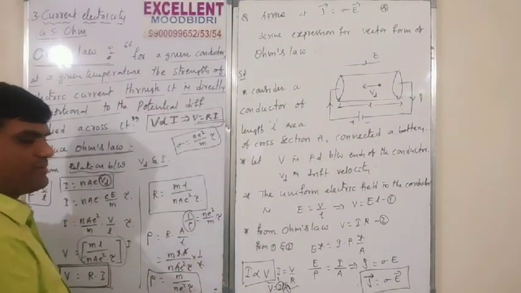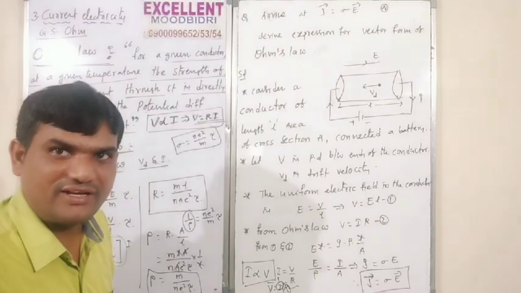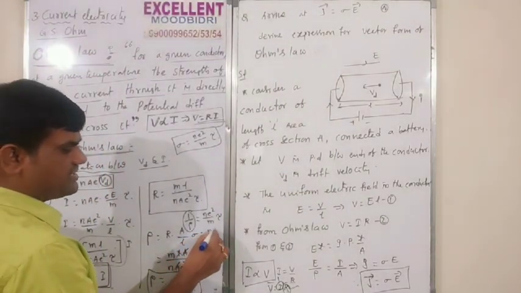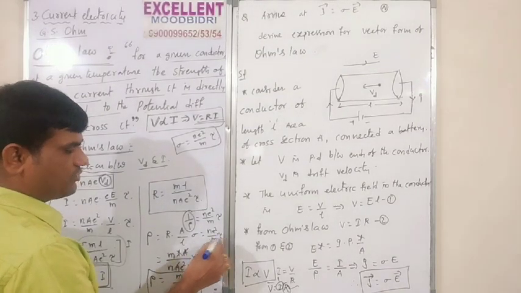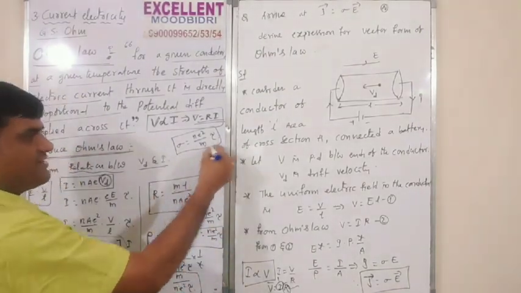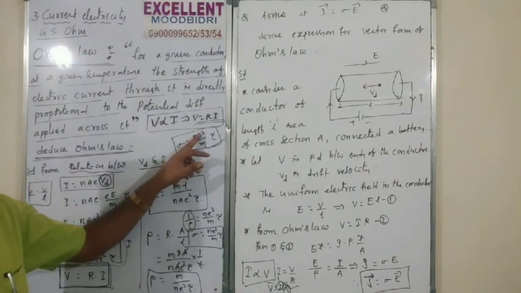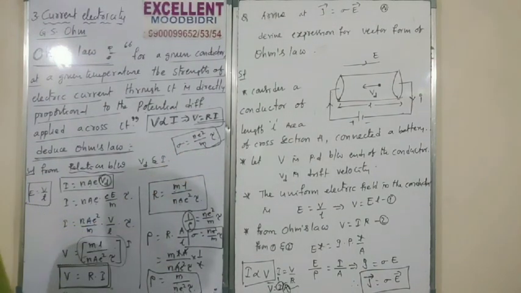What is the meaning of 1 by rho? Conductivity. So sigma is equal to n e square by m into tau. This derivation I have given already previously, the first essay question. With the help of Ohm's law, I have given this one.